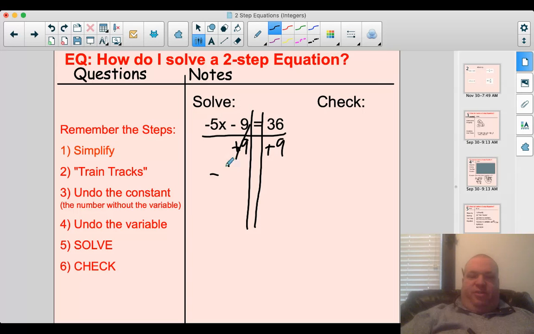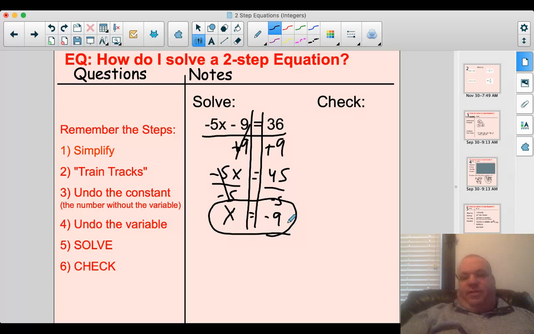That'll leave just negative 5x equals, when I add these together, 36 plus 9 is 45. Now I can undo the coefficient, the number with the variable, dividing by negative 5 to get x by itself. I get 45 divided by 5 is 9. Positive divided by negative is negative. So I get negative 9.